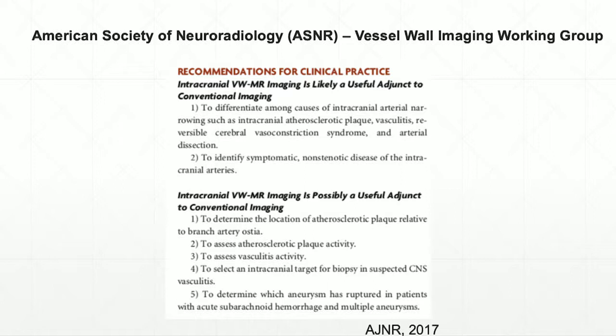The second is whether it may play a role in identifying either symptomatic or asymptomatic subjects with established atherosclerosis but without evidence of stenosis. In those, vessel imaging may actually play a good role. And furthermore, there is other information provided here on how this may be helpful.